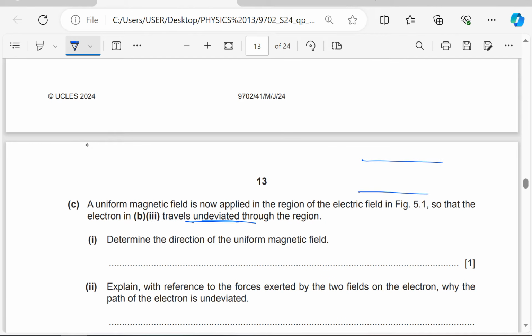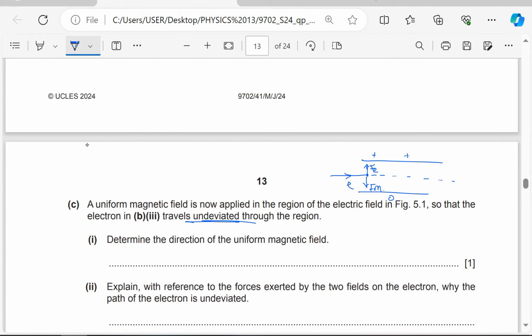Let's say the electron is coming like this, and we have seen it goes upwards initially because this is positive, this is 0. So the force due to the electric field, Fe, is acting upwards, but we want the electron to continue in a straight line. So the force due to the magnetic field should be downwards.